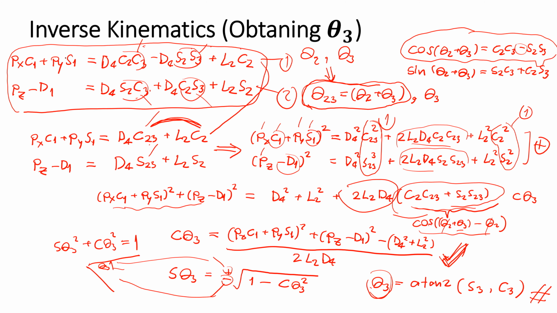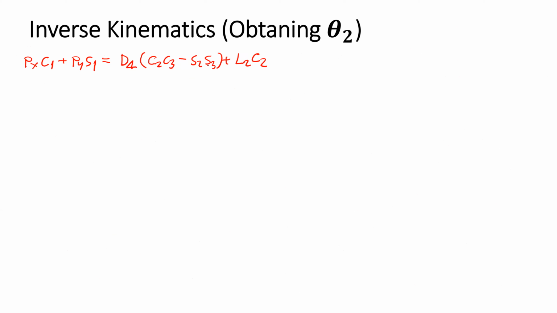Px c1 plus py s1 minus d4 cos psi, and pc minus d1 is equal to d4 of psi 2 cos 3 plus cos 2 psi 3 and L2 S2.